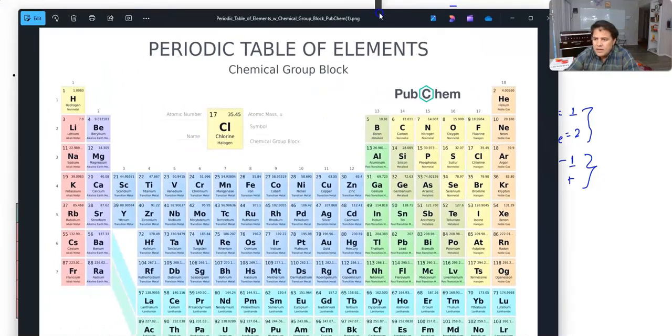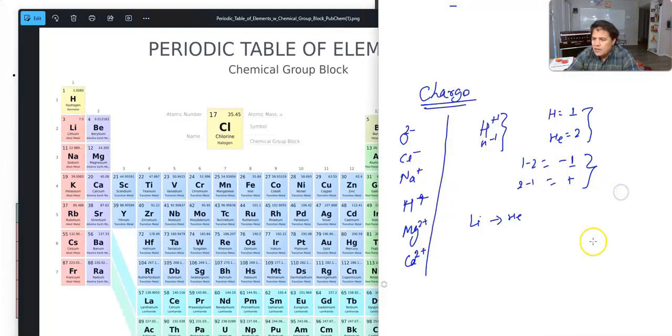Lithium is 3, helium is 2, and 3 minus 2 is equal to +1. So lithium's charge will be +1.